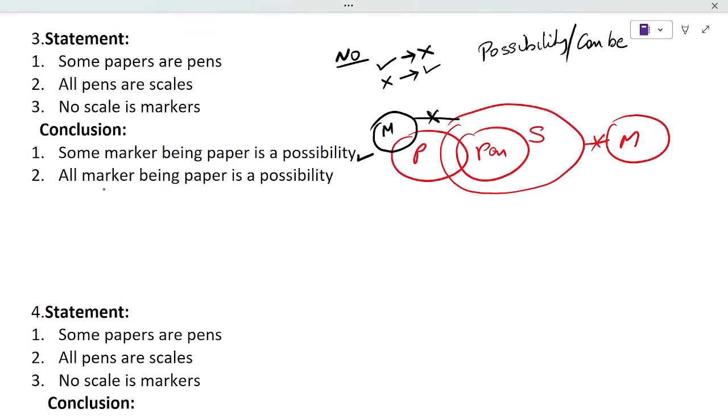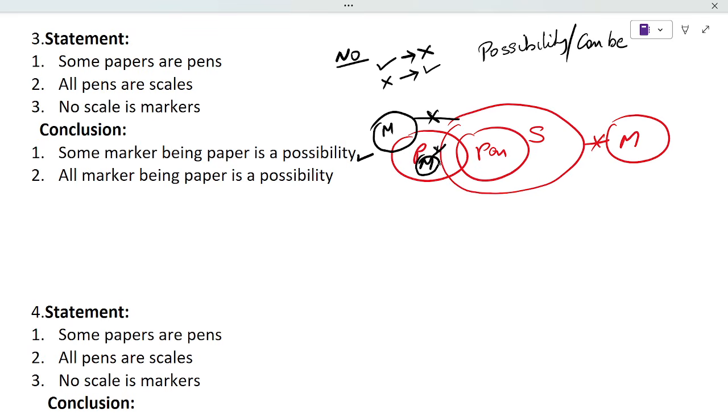Now check the result of conclusion 2: all marker can be paper is a possibility. Can marker go under paper or not? If marker is here, put it there. Marker and scale are not touching.